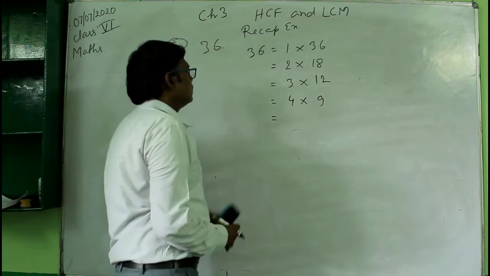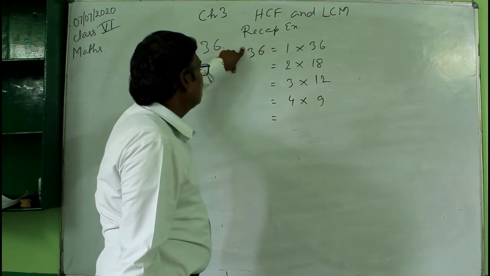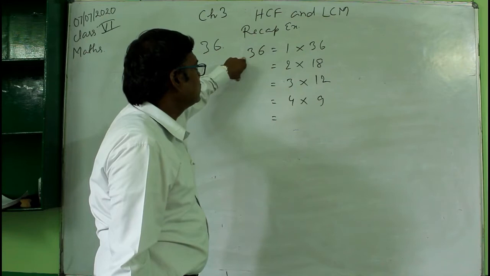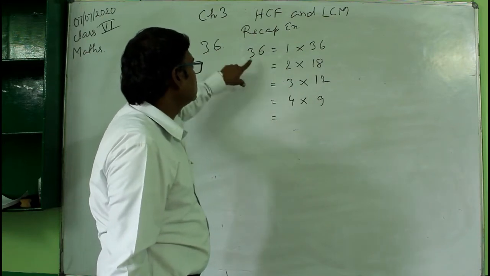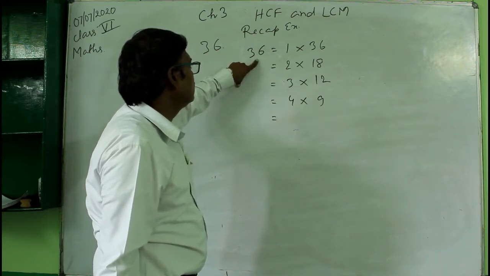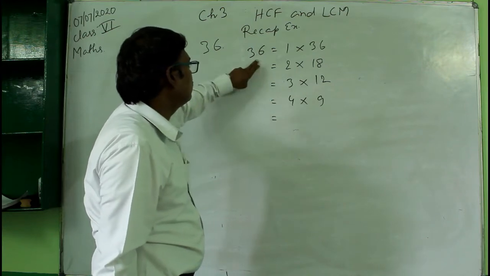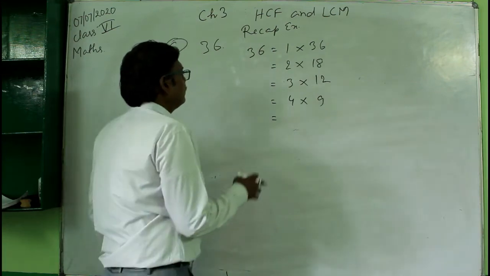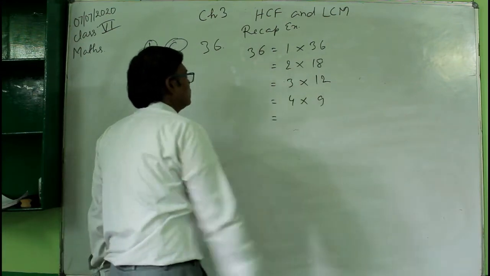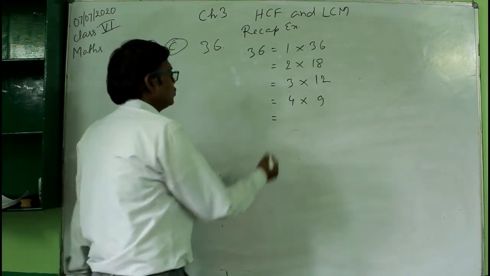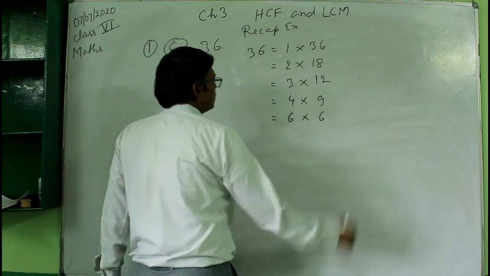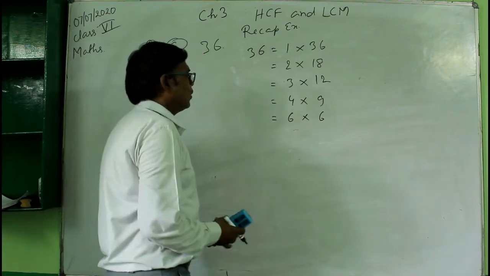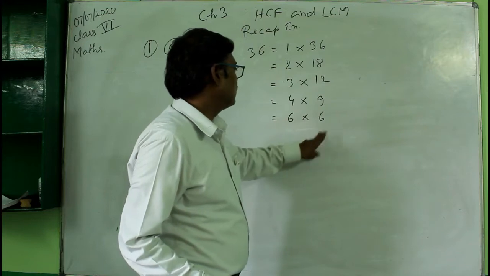Then you have to find out by what numbers 36 is divisible. Like, 36 is divisible by 1, by 2 also, by 3 also, by 4 also, and it is not divisible by 5, so we will not take 5. Then take number 6. This number is divisible by 6 also, since 6 sixes are 36. So write 6 here. Now there is no need to write other numbers because the numbers will repeat.